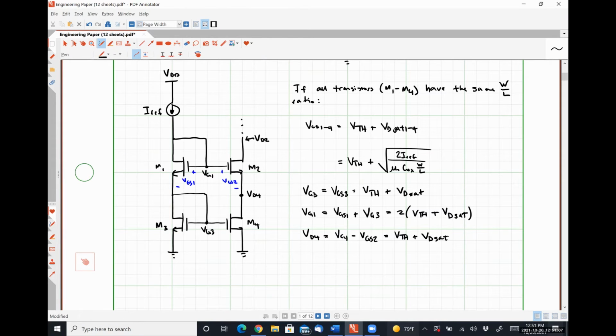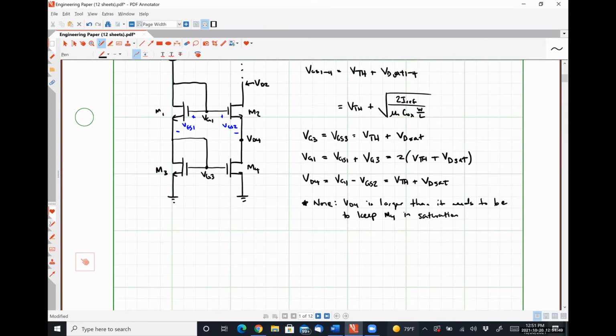But it's going to be less than what we saw with the resistor when we had a large value resistor, okay? So we have made some improvement. So I just want to put a note here. VD4 is larger than it needs to be to keep M4 in saturation.